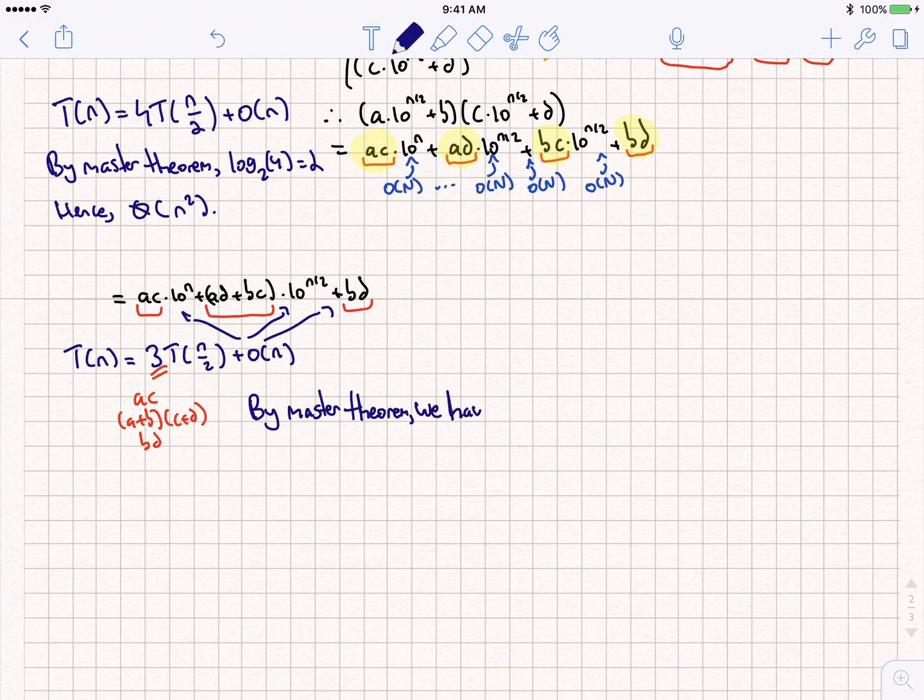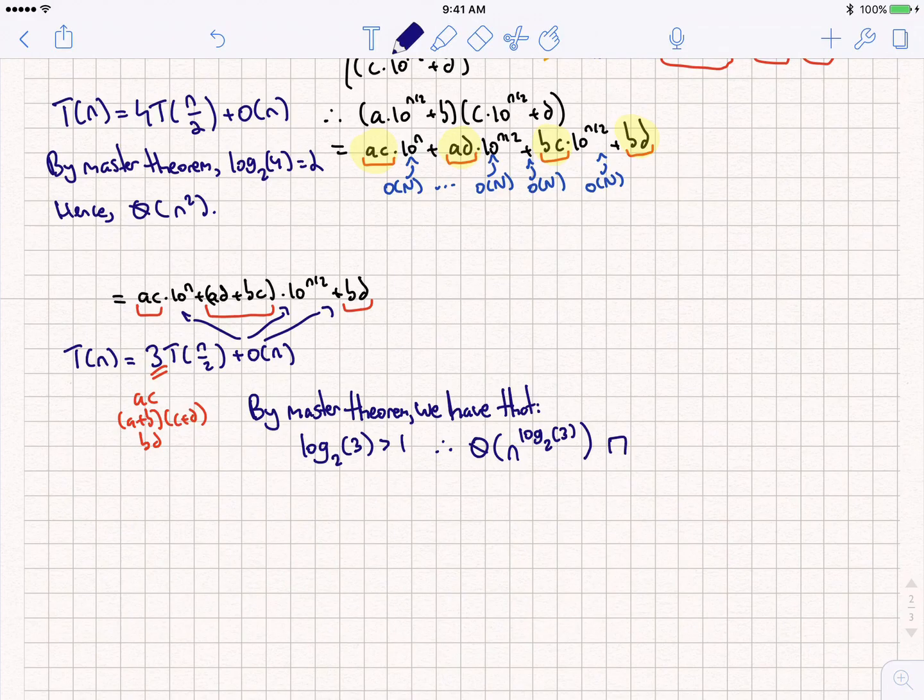we have that log base 2 of 3 is greater than 1. Therefore, we have a tight bound of n to the log base 2 of 3.